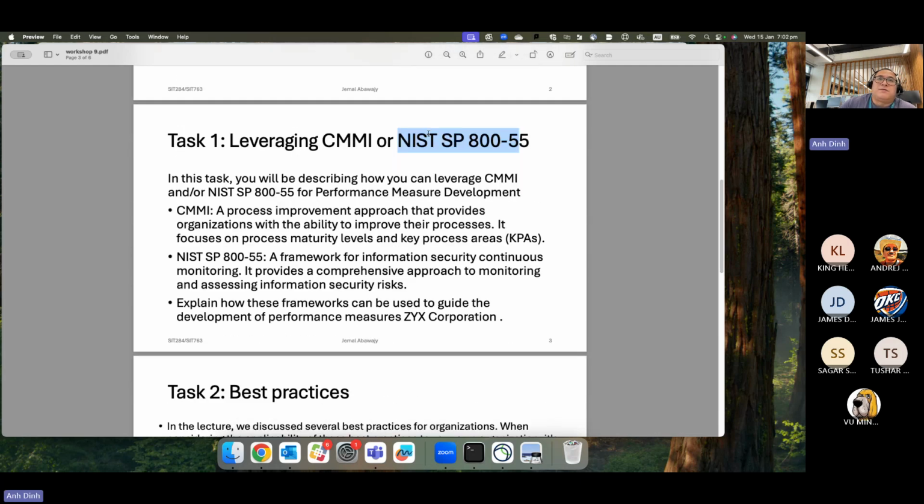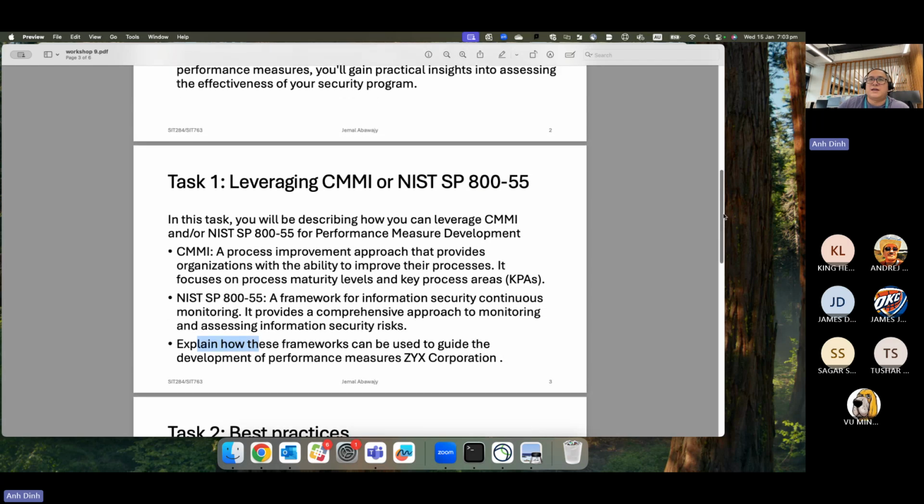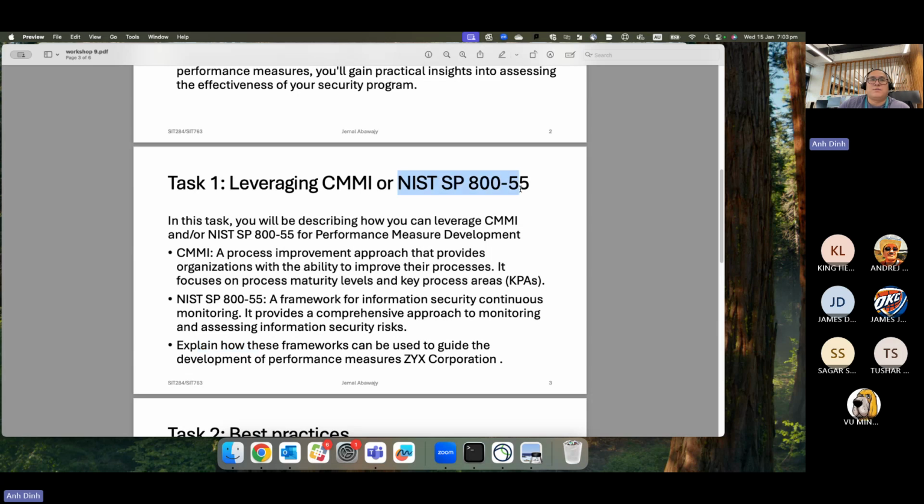That is task one. Oh, okay, sorry, I'm not finished yet, because for task one, after you read this document, what are you going to do? After you have read this document, you would need to see how the principles that you have learned from this document can be applied to this particular company. So translate the guideline from this document into a specific thing that you can do for the company.